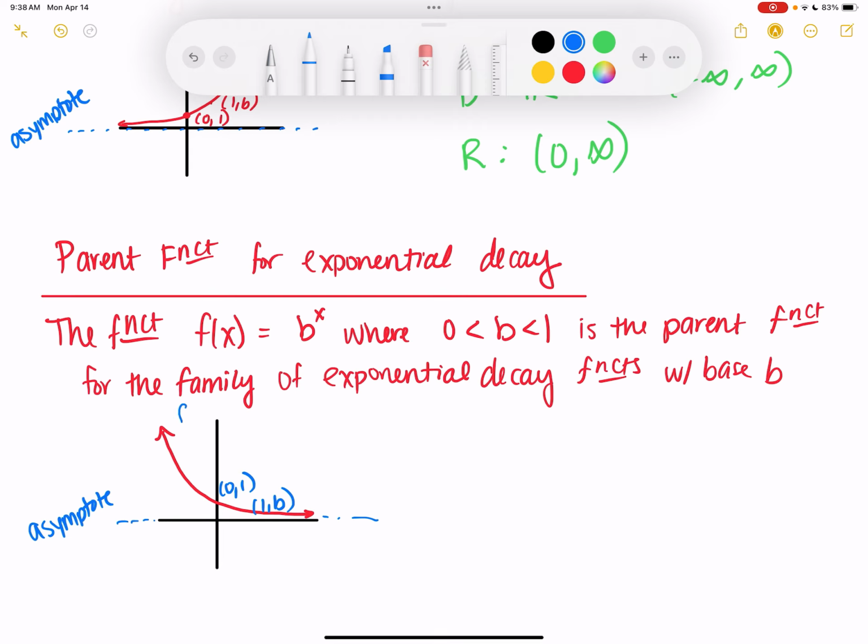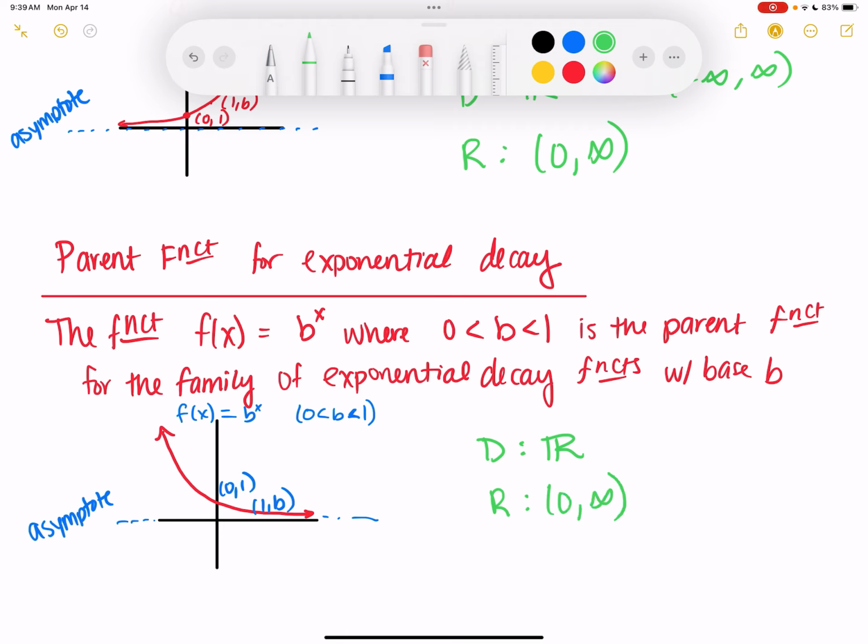And again, this is the function f of x equals b to the x for 0 less than b less than 1. So the domain of this is still all real numbers, and the range is still 0 to infinity.